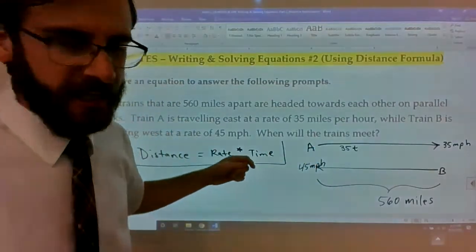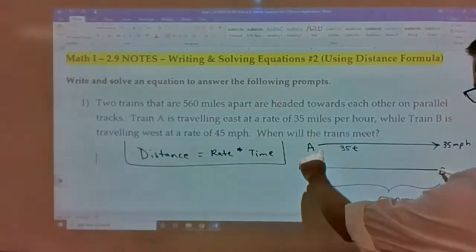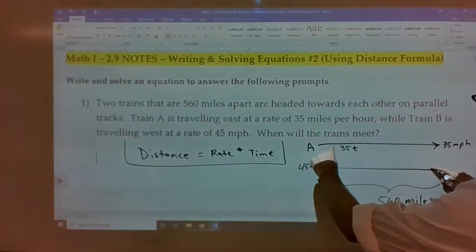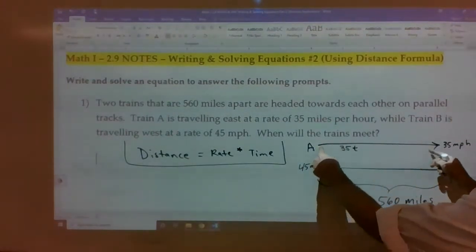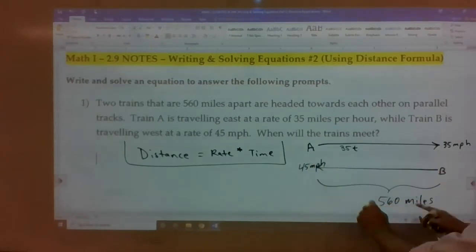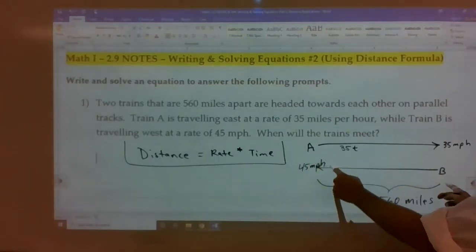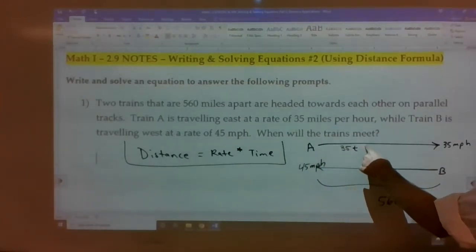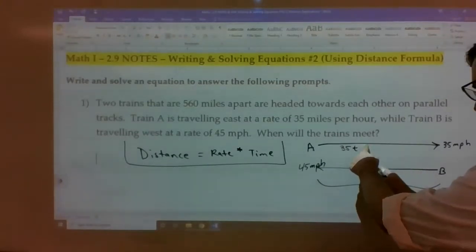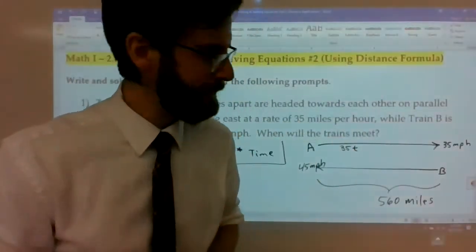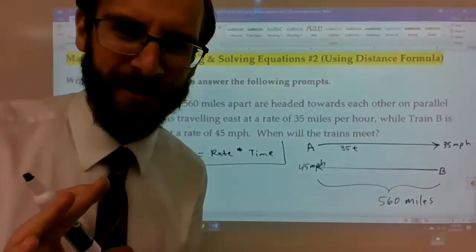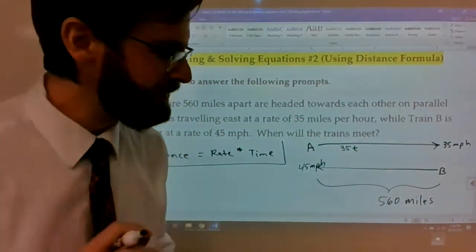And here's the deal. These trains will travel a certain distance, and A is not going to travel the whole span of the 560 miles to meet up with B. It's only going to maybe travel to here, and B is only going to travel to here, and them together will make up the 560 miles. Sorry, that might have been kind of confusing to hear over video.